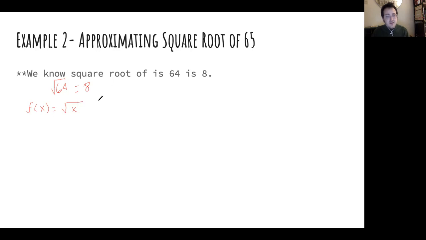And we know that the square root function goes through 64, 8, because f of 64 equals the square root of 64, which is just equal to 8.